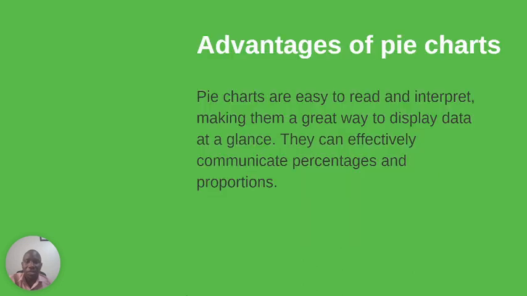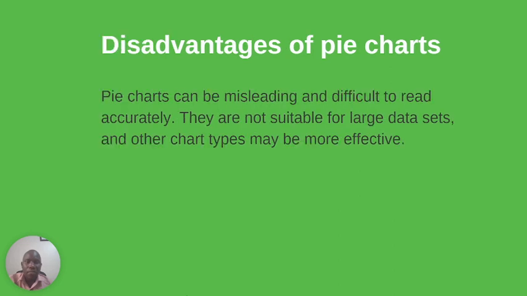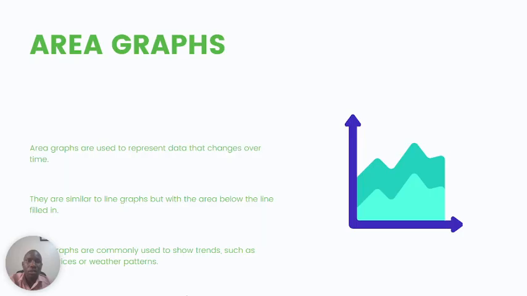A pie chart is very easy to interpret because it gives you the information that you actually want at a glance. So it is very effective at communicating percentages and proportions. Sometimes they can be misleading, so the reader needs to pay good attention to what they are seeing. So that's an example of a pie chart.